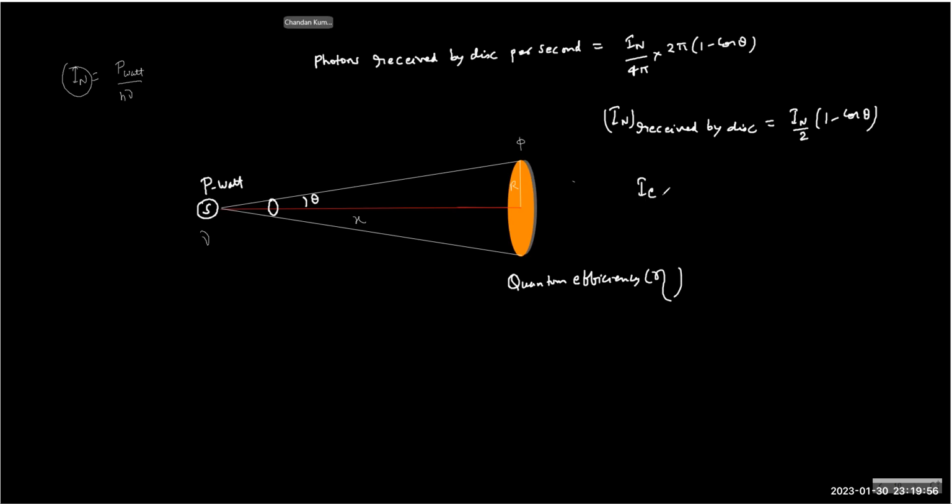The number of photoelectrons ejected per second is how much? So N by 2 (1 minus cos theta), sorry, I mean N eta times that.